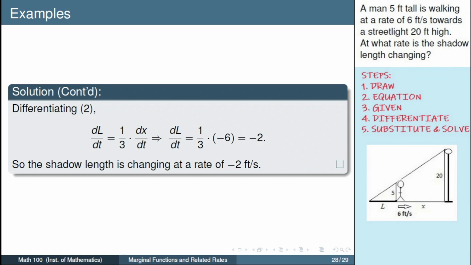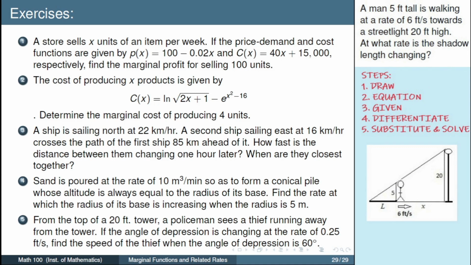So, this is our last example. These are more exercises for you to practice on. It is important here that you really keep solving, especially on related rates problems, because it takes so much practice to grasp the full concept and get used to solving these types of problems.